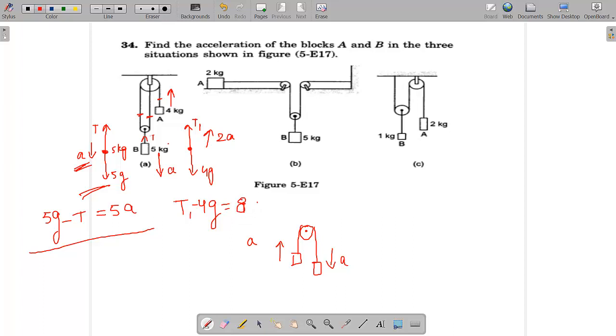Okay. Now the problem is these two equations you cannot solve. Why? Because there is T in one and T1 in the other. So we are missing something here.